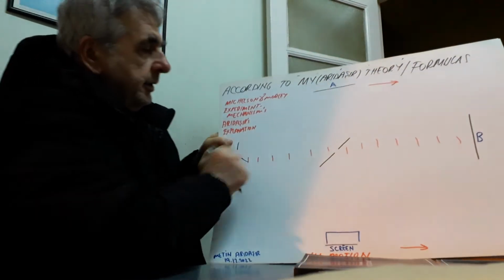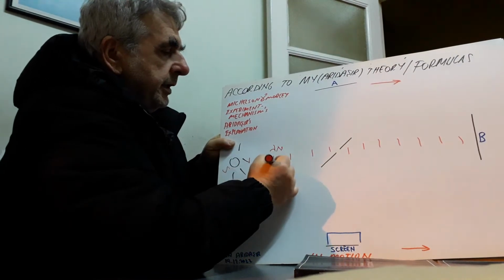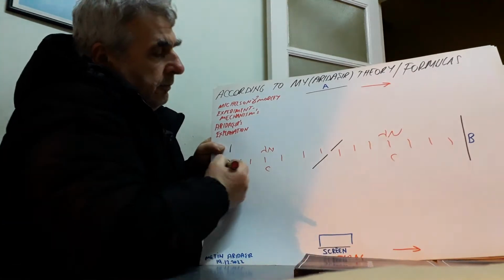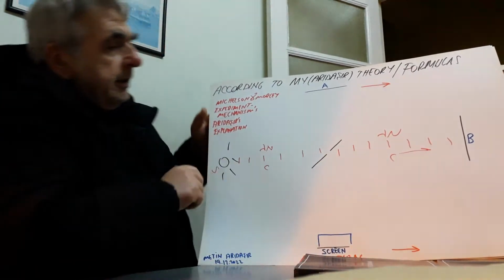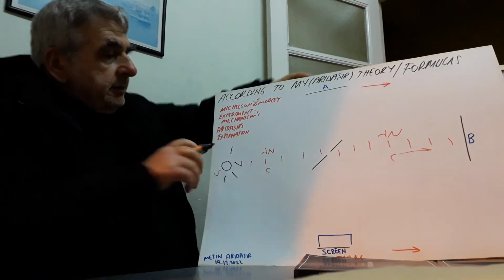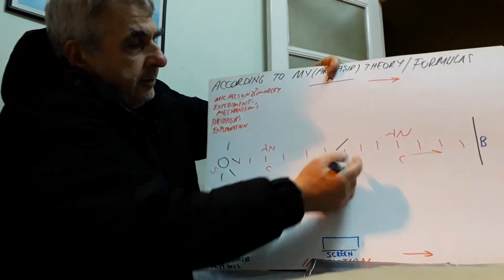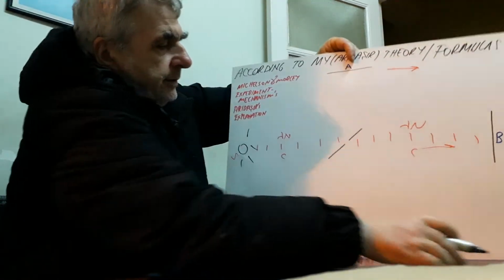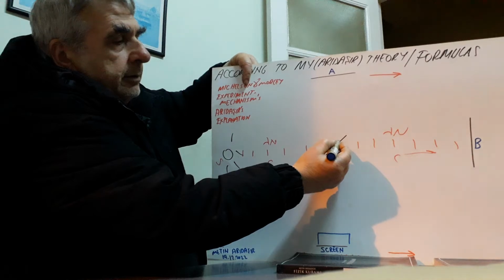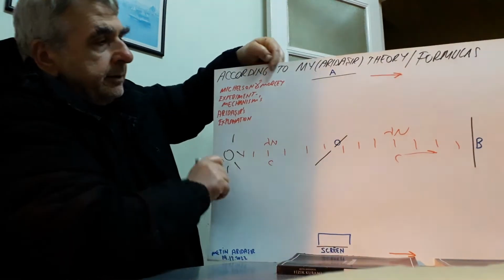Wave velocity doesn't change. Lambda n and C, while going there. And this is the mirror, okay? This light comes in and is reflected from here.